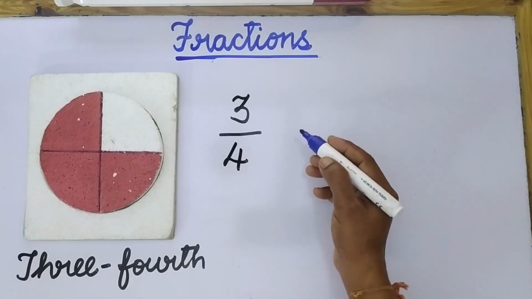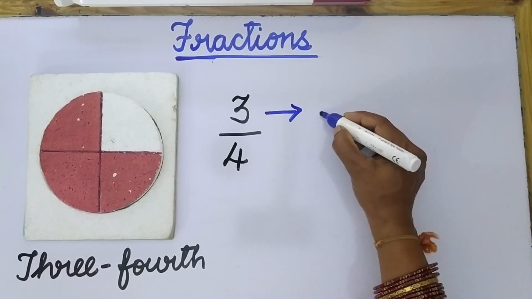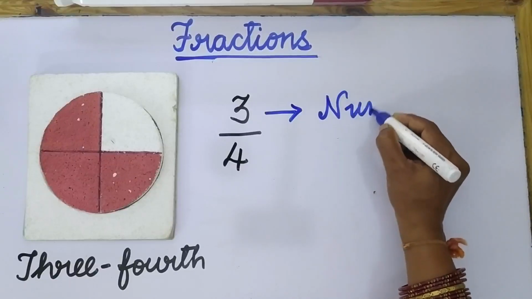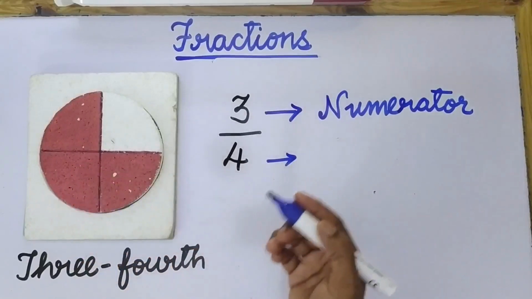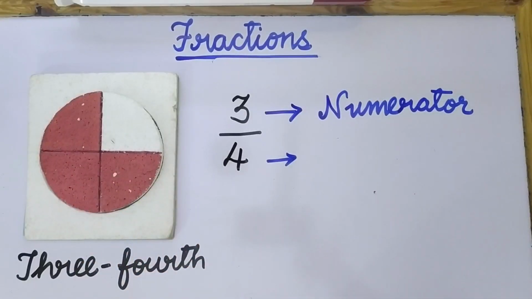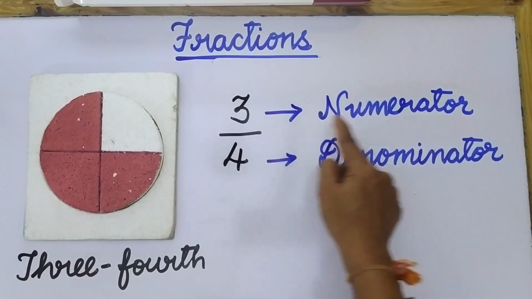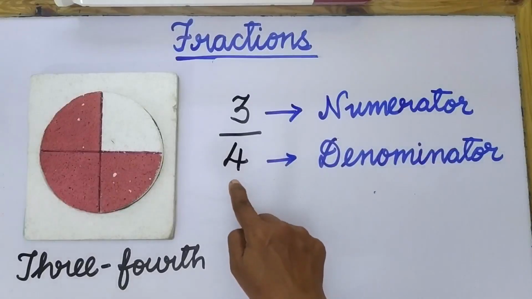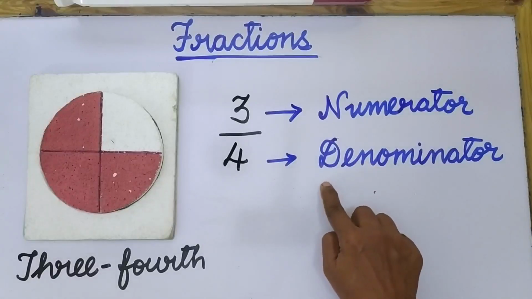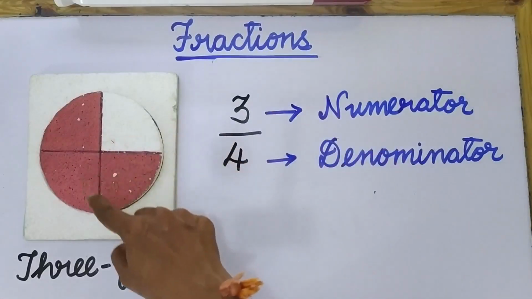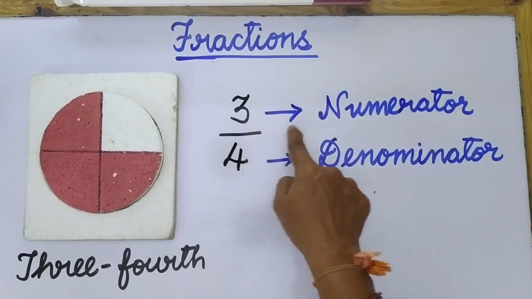The number which is shaded is called the numerator, and the total number of equal parts is called the denominator. So in the fraction 3 by 4, 3 is the numerator and 4 is the denominator. The total number of equal parts is mentioned in the denominator, and the number of parts which are colored or taken is mentioned as the numerator.